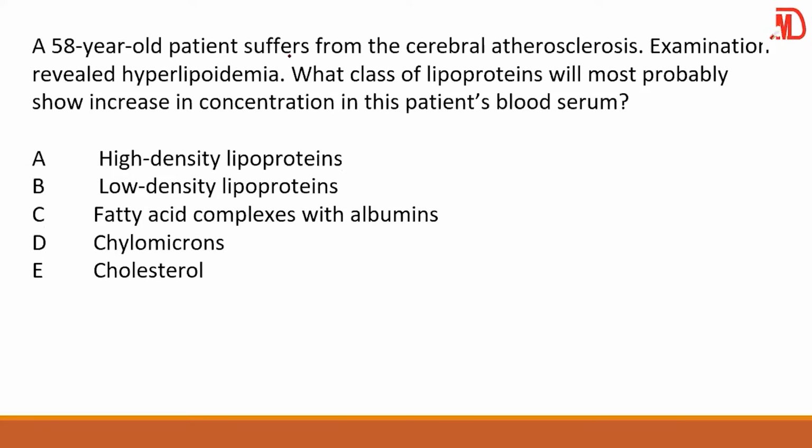A 58-year-old patient suffers from cerebral atherosclerosis, which revealed hyperlipidemia. That means an increase in what? In fat. What class of lipoproteins will most probably show an increase in concentration in the patient's blood serum? Now, definitely they're telling us to deal with atherosclerosis, or the pathogenesis involved in atherosclerosis.